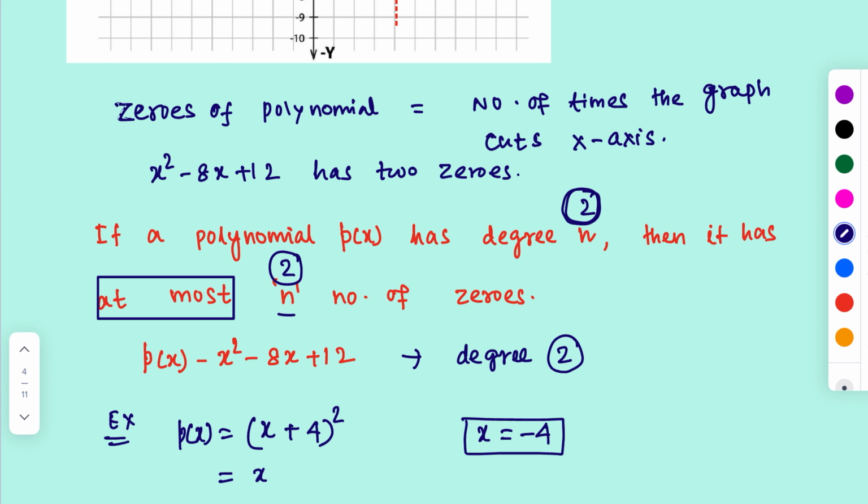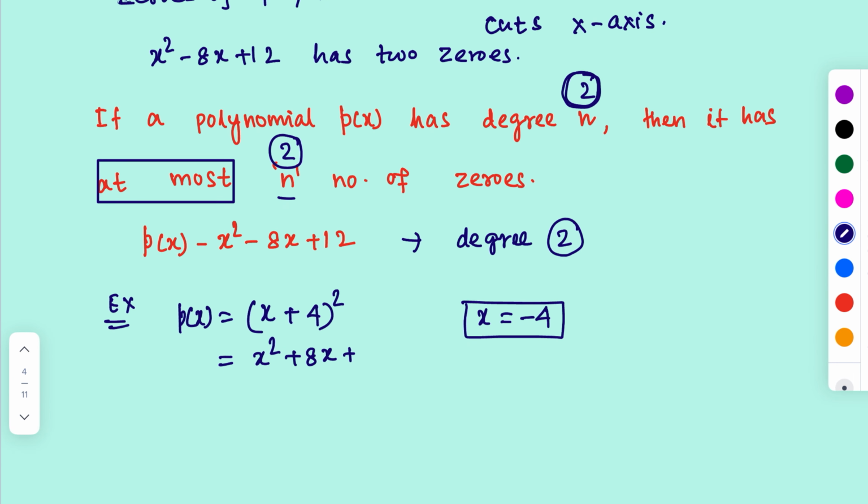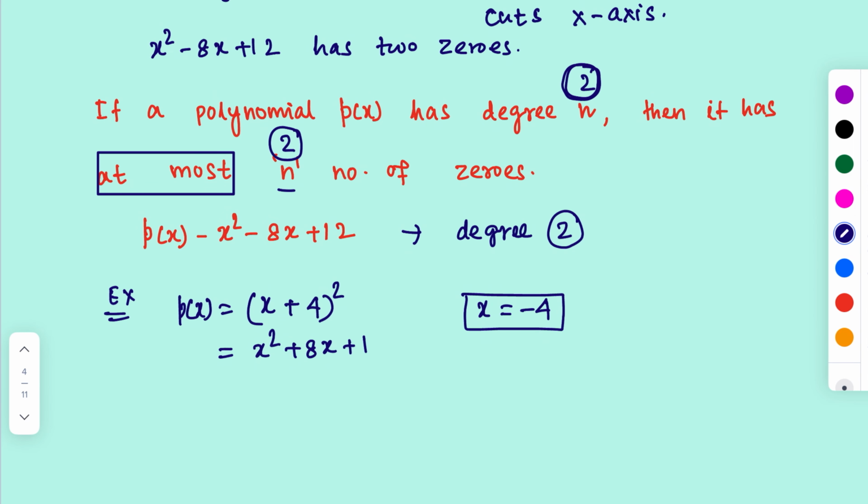Actually, this is a quadratic polynomial, x square plus 8x plus 16. But it has only one root. That means one zero. In case of a polynomial we consider these as zeros, whereas in case of a quadratic equation they are the roots of the quadratic equation. Same thing, the zeros of the polynomial are the same as the roots of the quadratic equation.